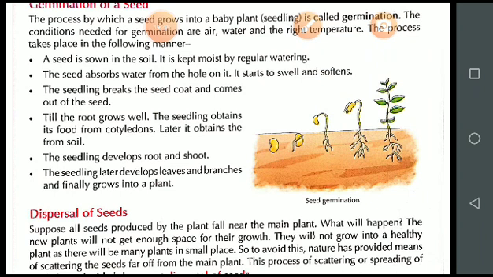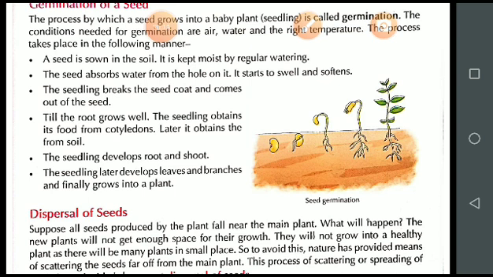Is it clear? And student, in all the pictures you will see this part, seed. First picture, second, third, fourth, and in the last it becomes a plant. So step by step I will explain this process.